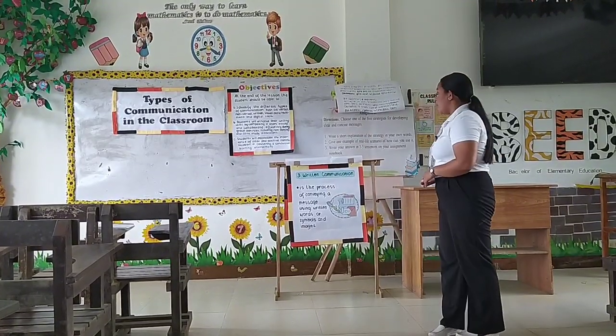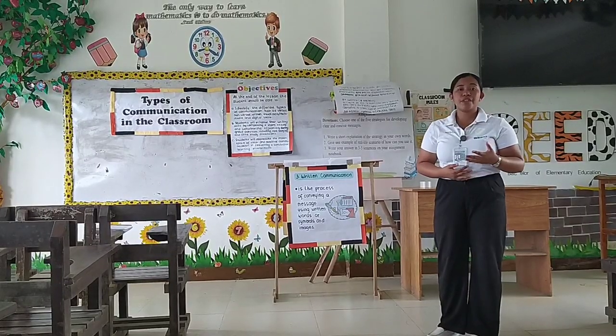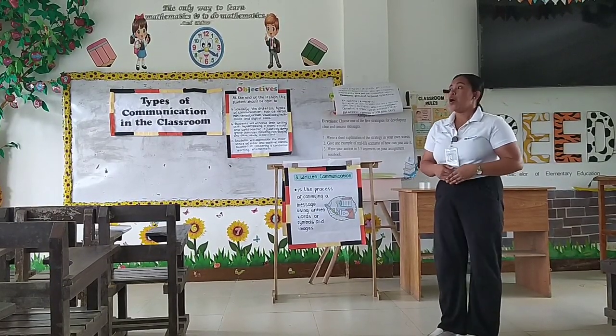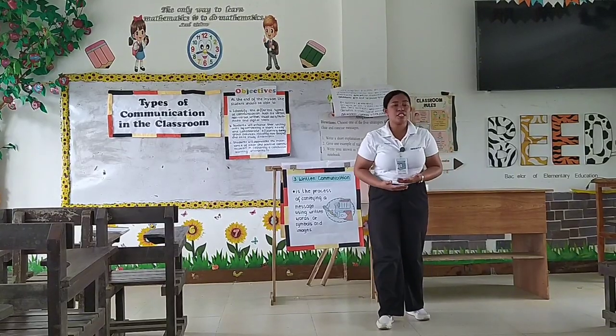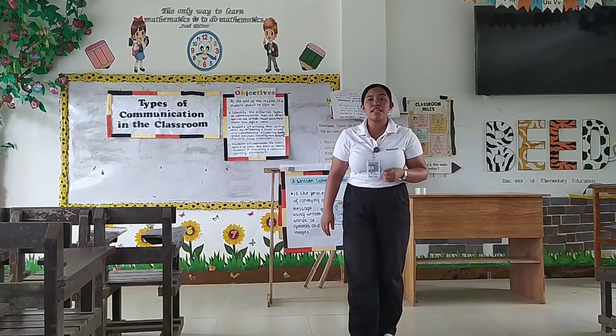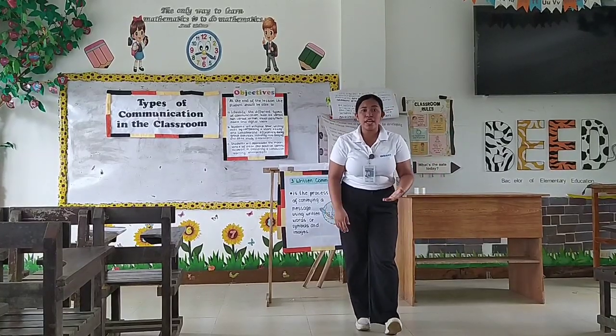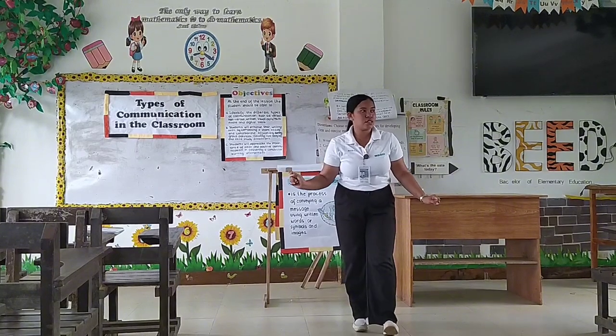Everybody read? Alright. Examples of written communication in education are the textbooks, the prepared lesson plans of our teachers, the assignments, the handouts given to the students, or the classroom rules posted on the classroom walls.